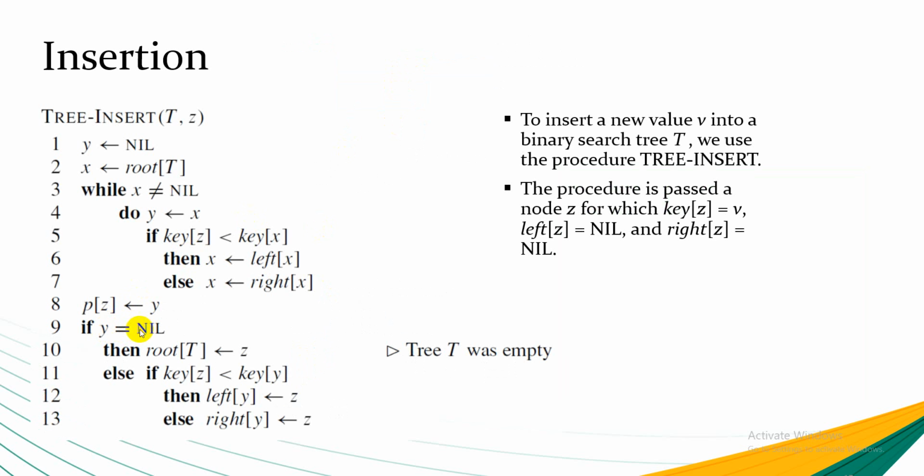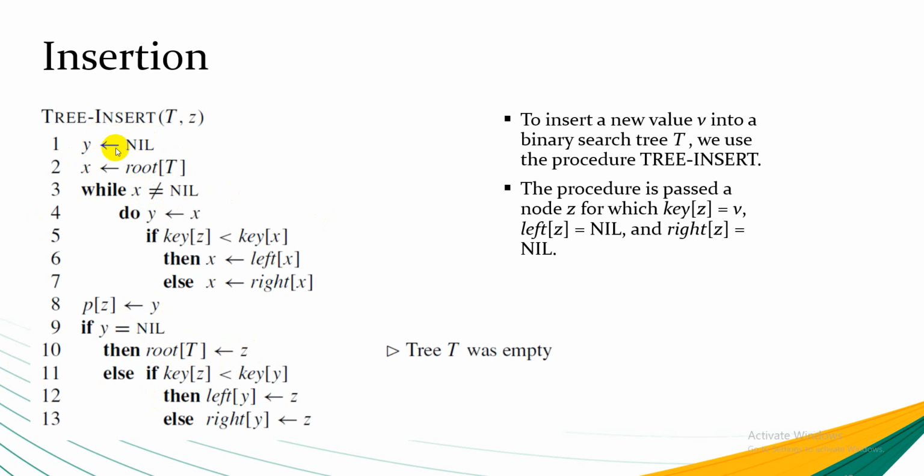Why do we check this? Because if Y is equal to null, this means that from the beginning X was equal to null. This means that X is the root, and if the root is null, then there is nothing. Then we just put Z as the root of T, because it might happen that there is nothing inside the tree.